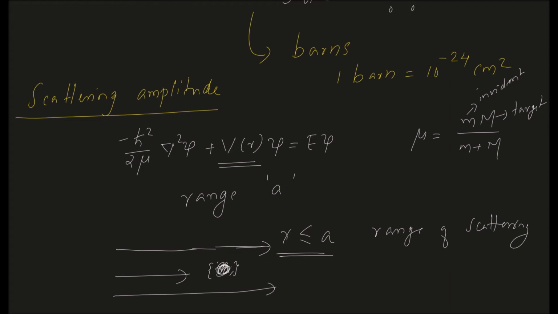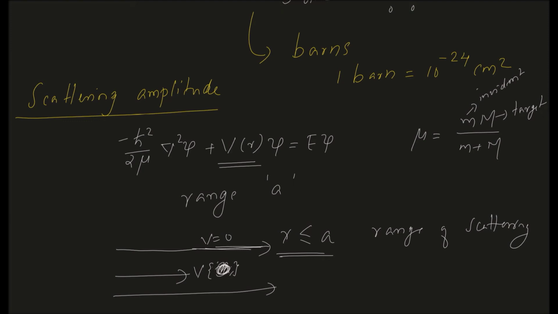Outside this range, this potential usually vanishes, so potential is 0, and this potential acts only within this range. So in this case, the particle behaves as a free particle before its collision or even at regions outside this range, and hence we can describe it by a plane wave solution.